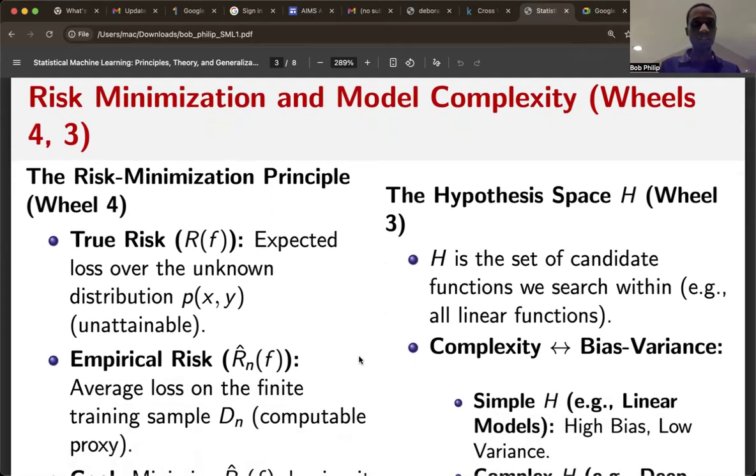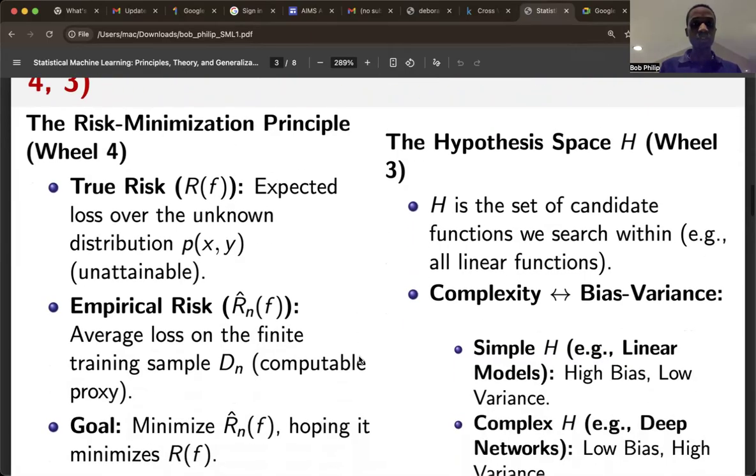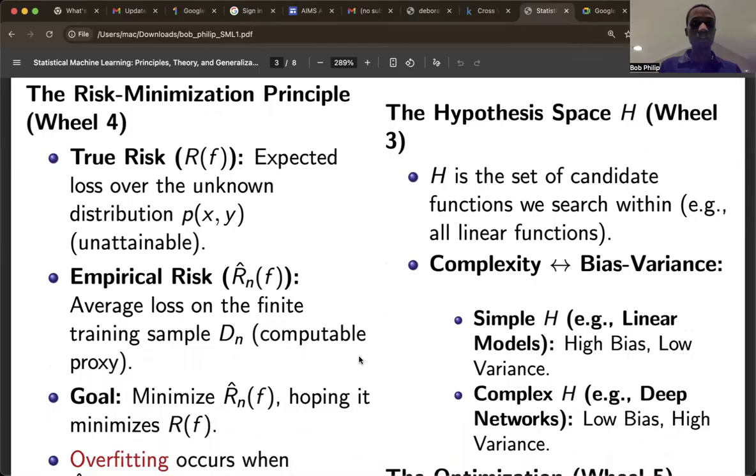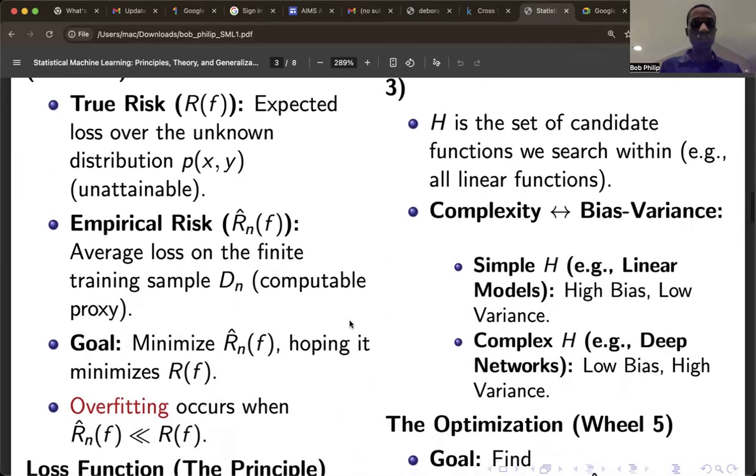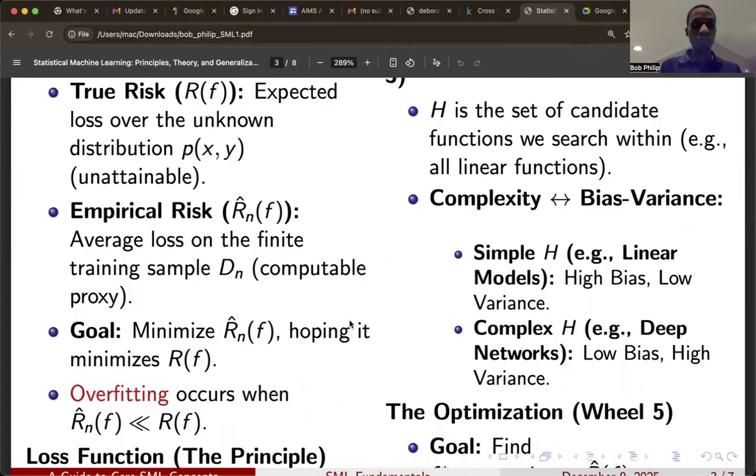The main context is using the risk minimization principle. We have two risks: the expected loss over an unknown distribution P(X, Y), which most of the time is unattainable, and an empirical risk that is used as a proxy for the true risk. So we use the empirical risk in the calculations to try and minimize the risk.